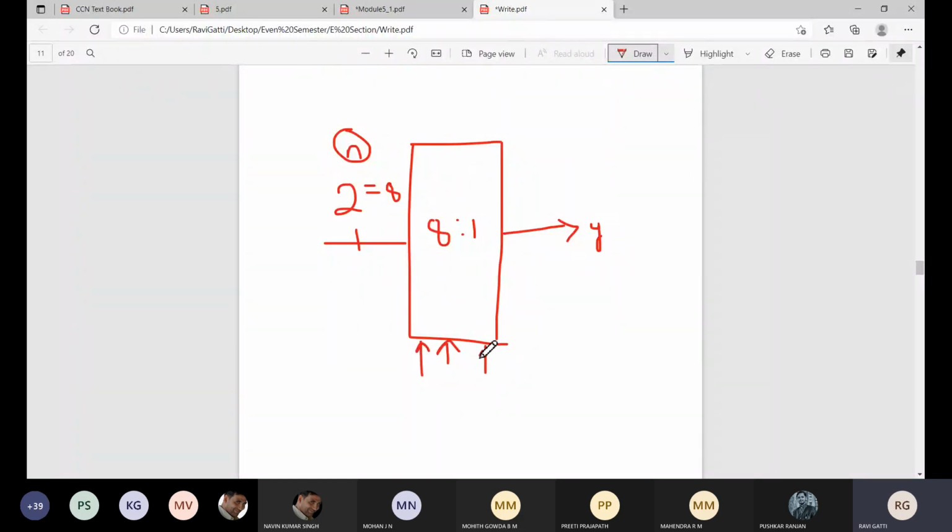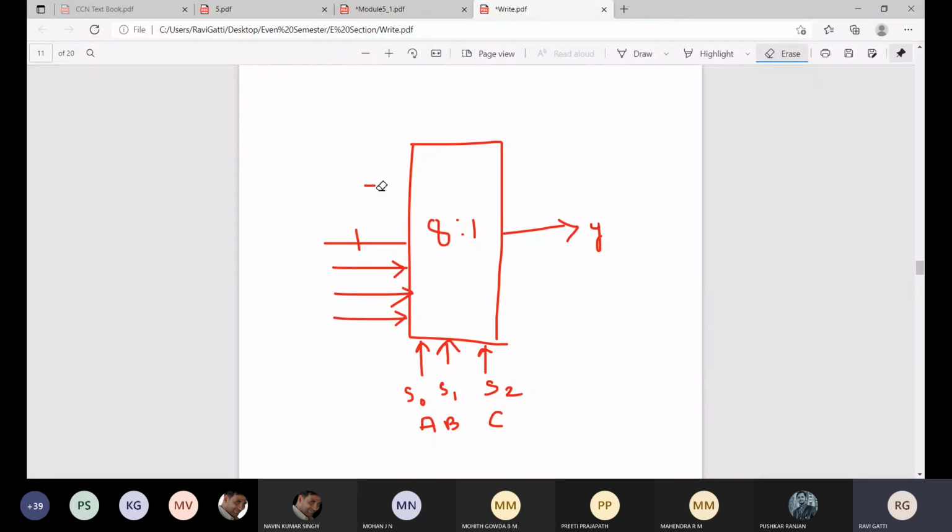We can give any name to these 3 select lines. Sometimes they may give you S0, S1, S2, or they may give you A, B, C. And these input terminals we will represent as data inputs, D0, D1, D2 like that.